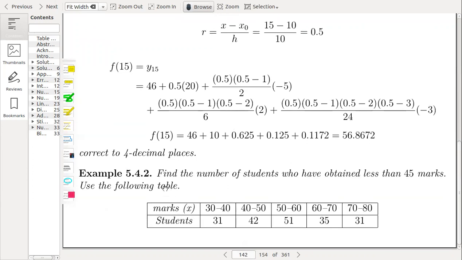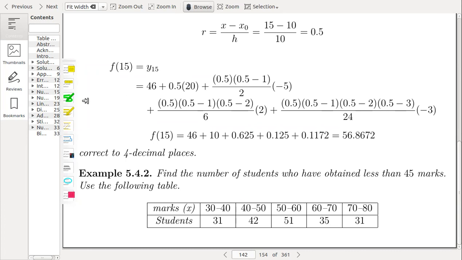In the next example, just observe: find the number of students who have obtained less than 45 marks. Use the following table. In this table, the data is given that 31 students have marks between 30 and 40, 42 students have marks between 40 and 50, 51 students have 50 to 60, 35 students have 60 to 70, and 31 students have marks 70 to 80.